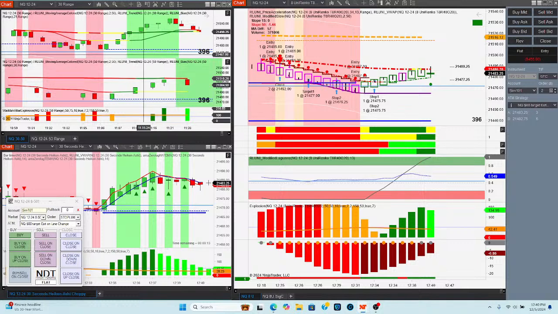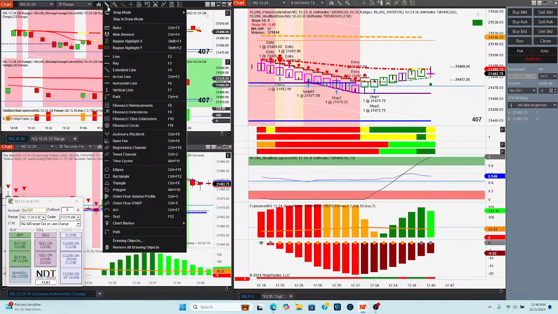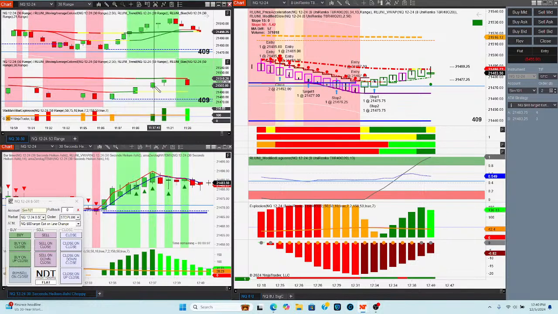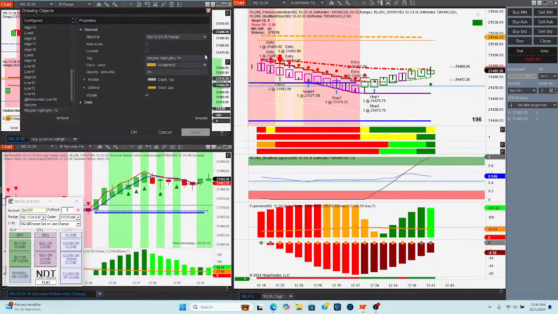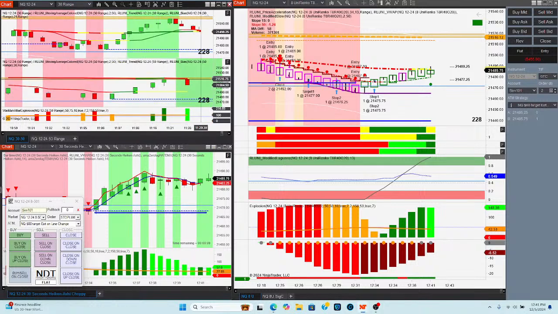Okay, so now let's draw a region again. I know I can do it by my control key, but I'm used to doing it this way. Right here. Oh, what happened? Oh, I did it on the wrong one.